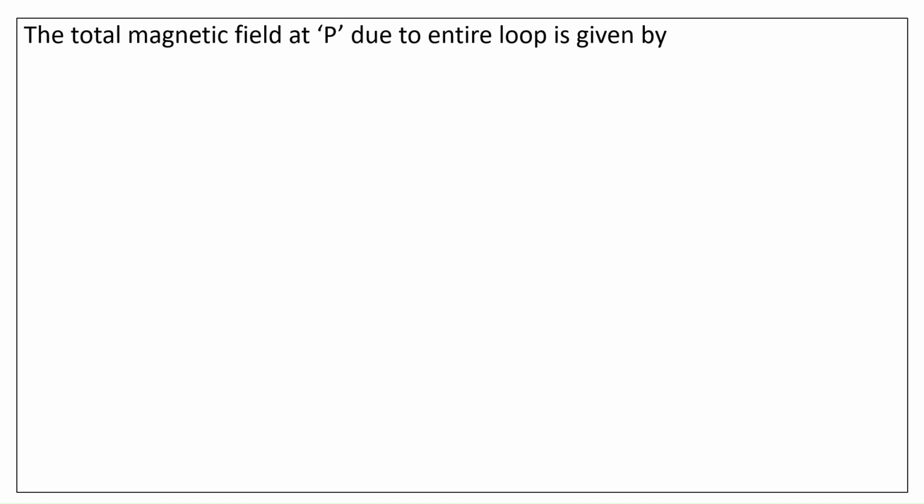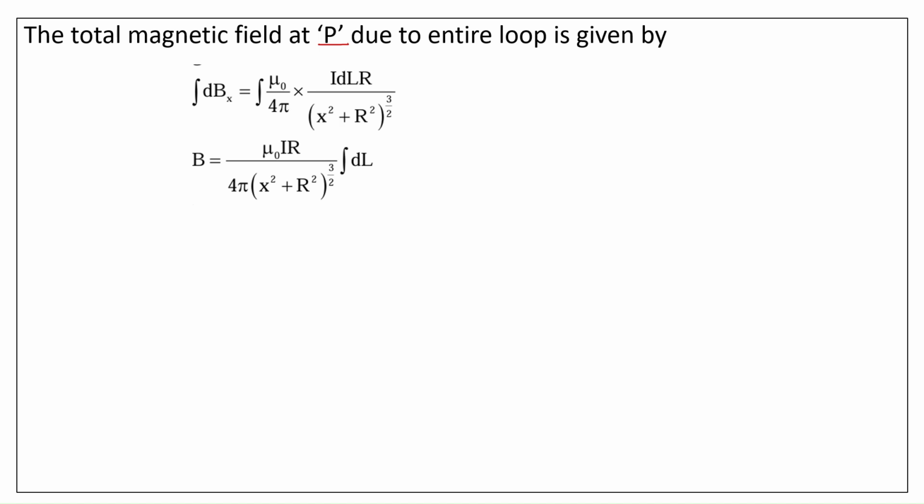Therefore, the total magnetic field at P due to the entire loop is given by integration of dBx, which is equal to integration of mu naught by 4 pi into I dl r by x square plus r square to the power 3 by 2. Therefore, B is equal to mu naught I r by 4 pi into bracket x square plus r square to the power 3 by 2 into integration of dl.